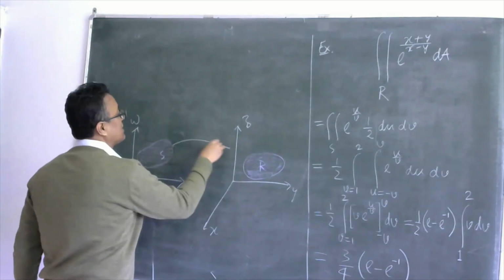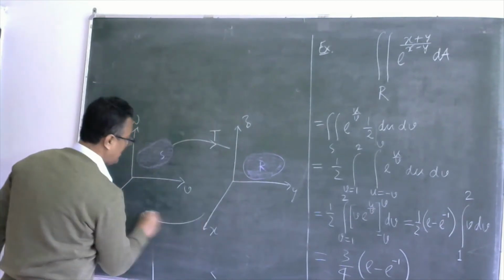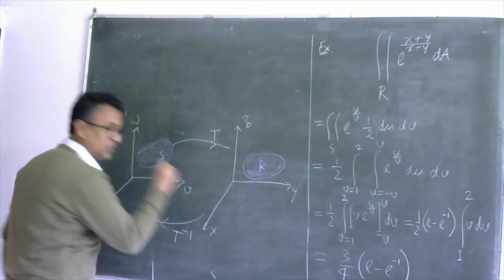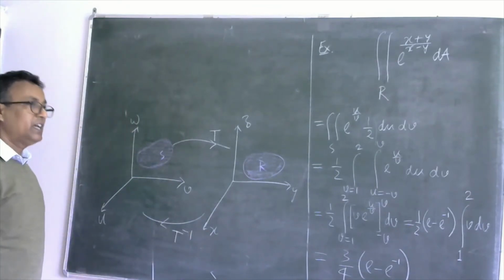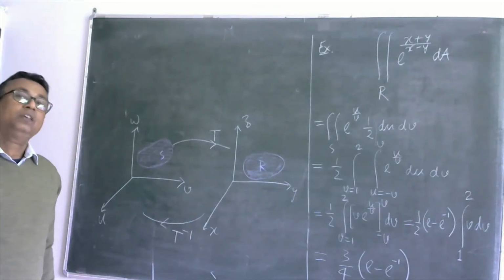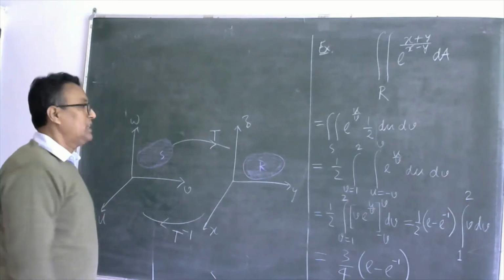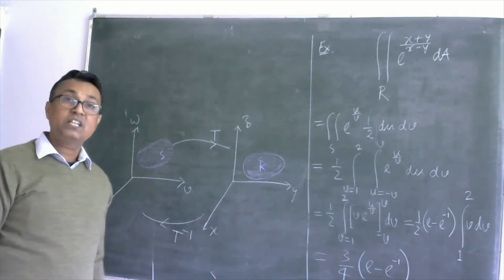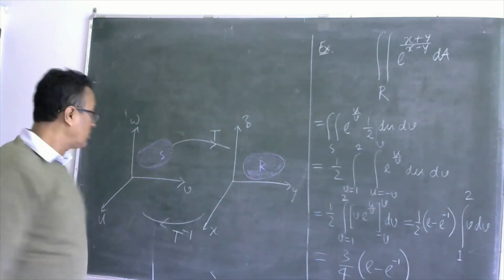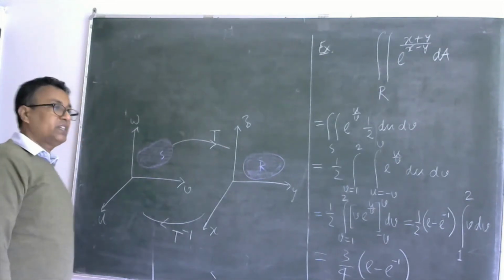So basically, it is going to be something like this. Again, you can use the change of variable concept in order to find out the triple integral.